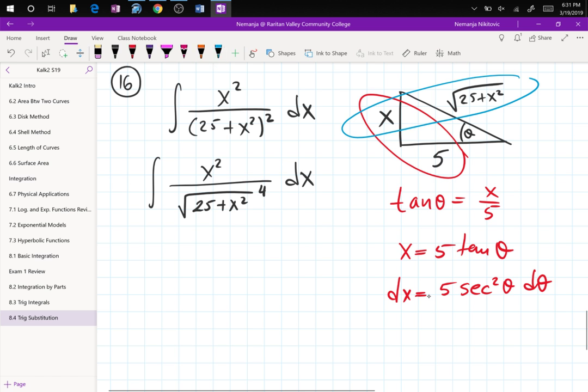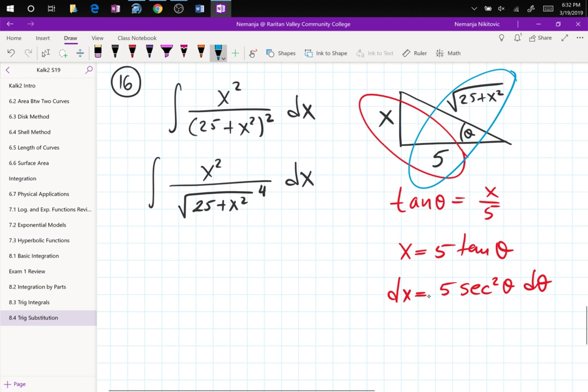I didn't switch, so I was like, what is wrong over here? There we go. You have to circle with a number. I had the x circled with it. Adjacent over hypotenuse is cosine. And then when you flip it, it will be secant.